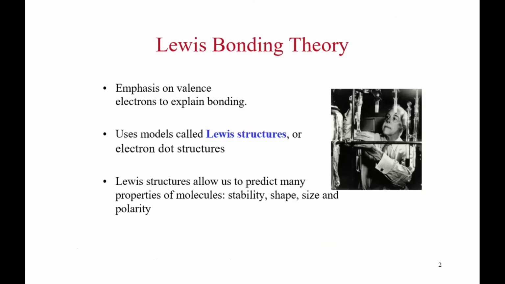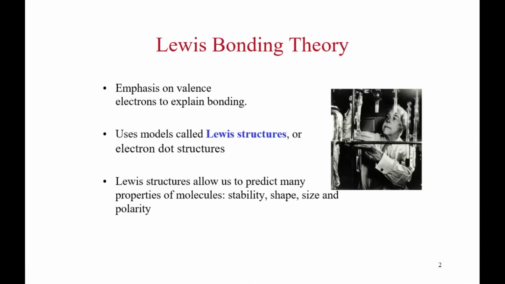Essentially, in the Lewis bonding theory, the idea is that valence electrons, and I guess you have to have watched those videos that I recorded, are the ones that are involved in the forming of chemical bonds. The theory also uses a structure called a Lewis or electron dot structure to represent the formation of compounds.